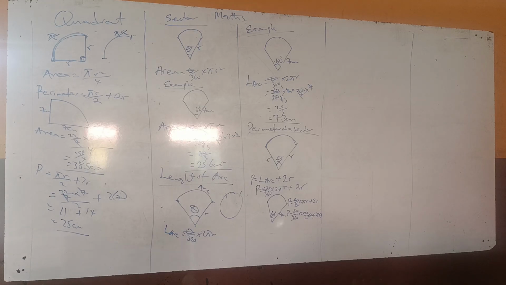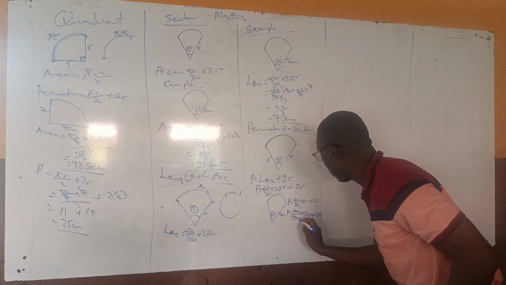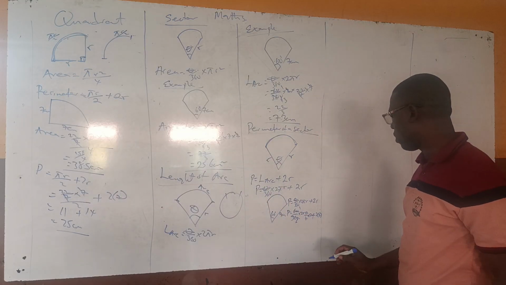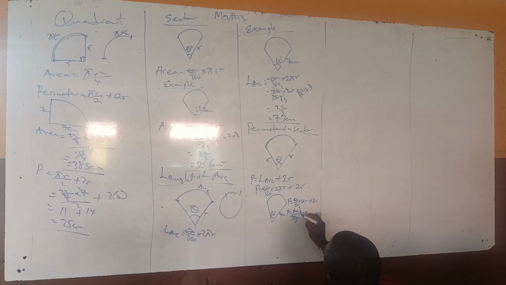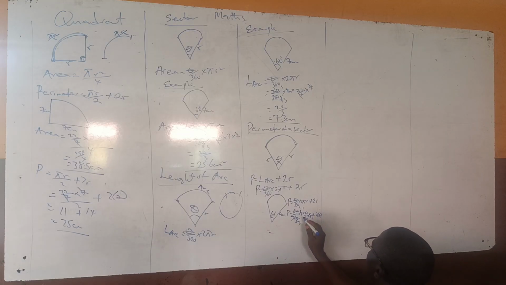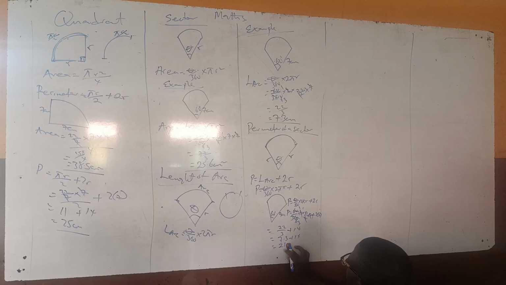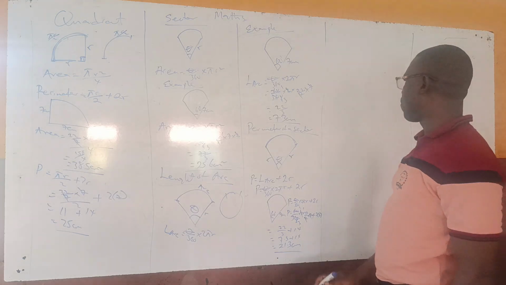Okay. So let's continue. 60 here, 1, 60 here, 6. Now, 2 here, 1, 2 here, 3. That's 7 here, 1, 7 here. So what do you have left? 22 over 3, right? Plus what? 14. That's 7.3 plus 14. That's 21.3 centimeters.